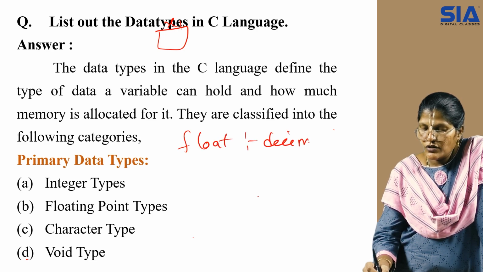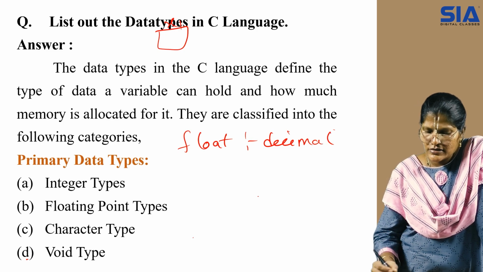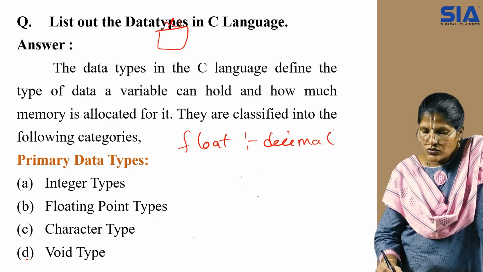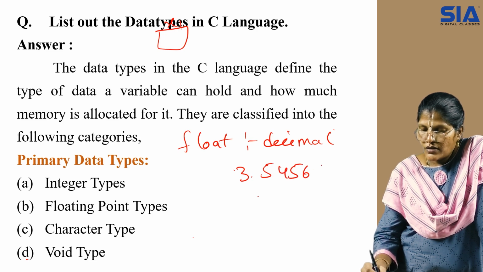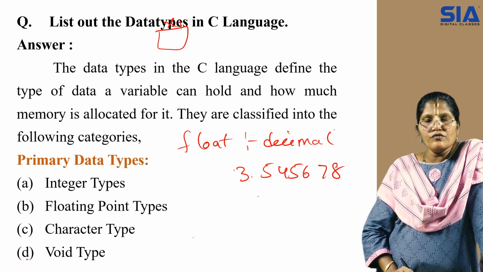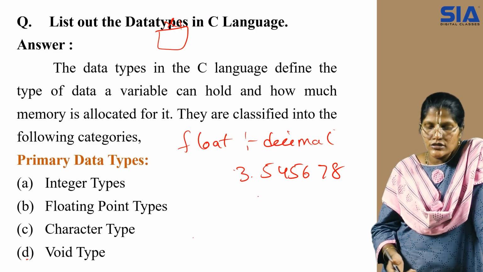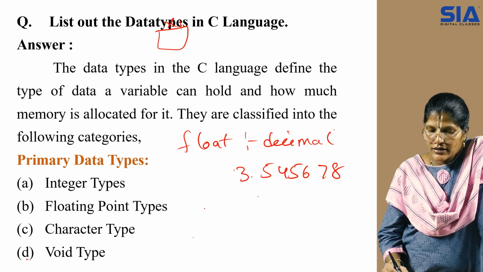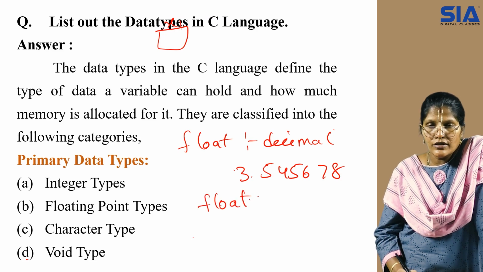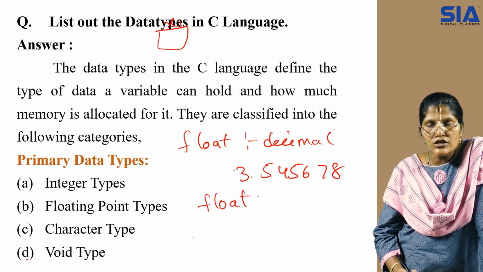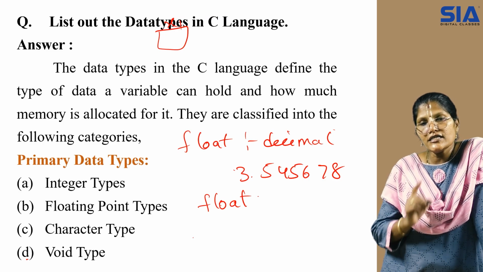Now, for example, if I want to use some decimal values, for example 3.567, this is my floating value which I need to use within my program. How to use it? First declare the variable and then you use it, because in C it will not allow you to use the variable until you reserve the memory space.